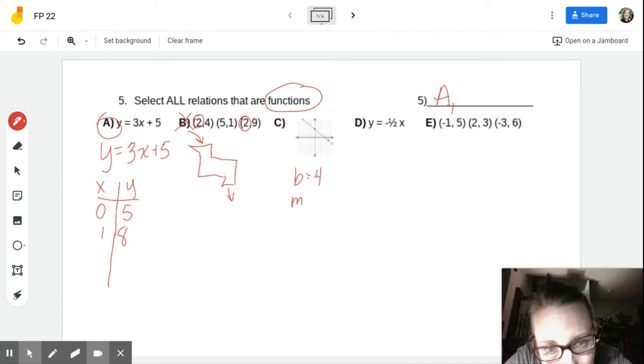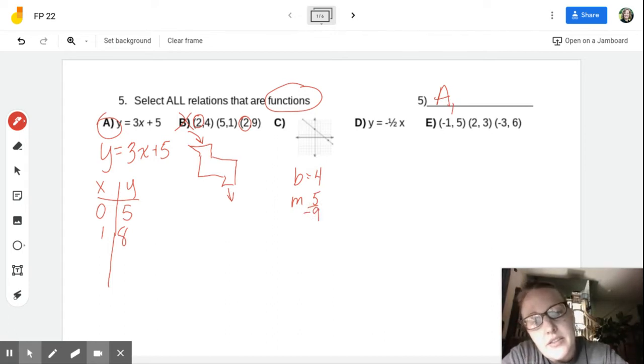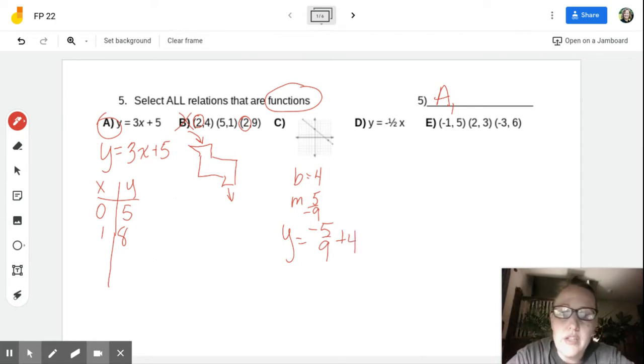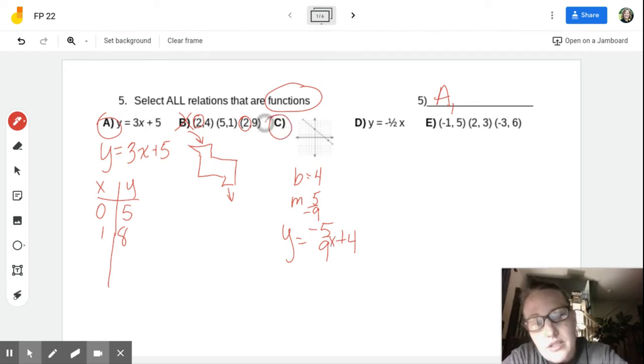Let's make this up, maybe something like a slope of negative 5/9. Then I could write y equals negative 5/9 x plus 4. That's slope-intercept form. So I have a linear function. So this is a function.